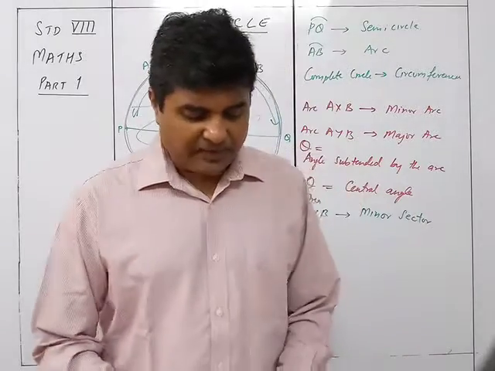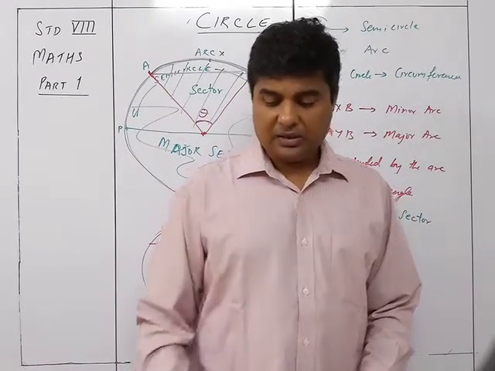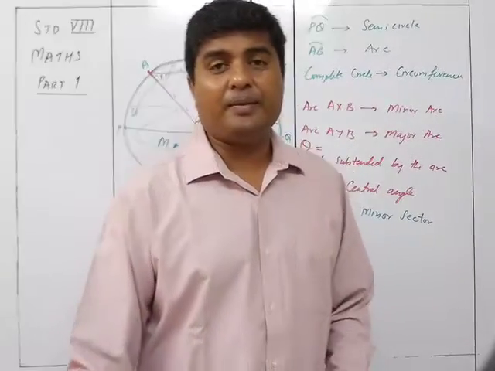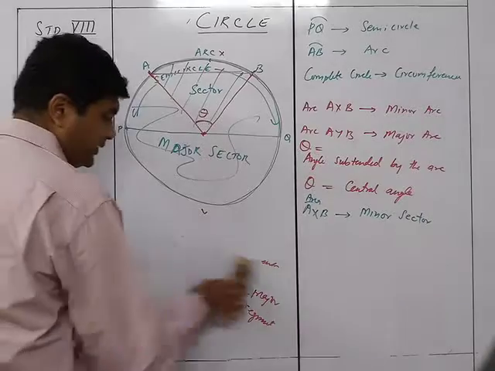Now we see a very important property of the circle, and that is the angle subtended by the diameter.